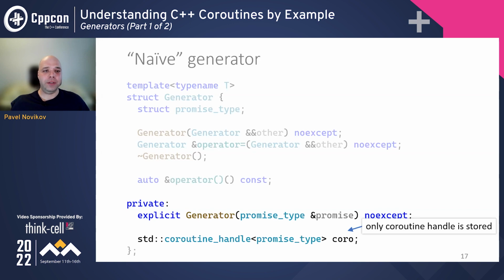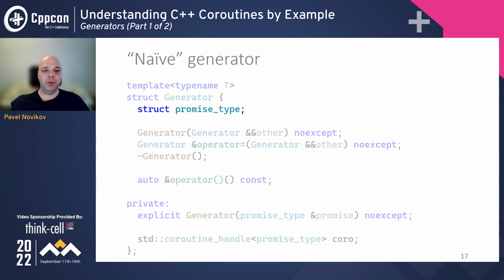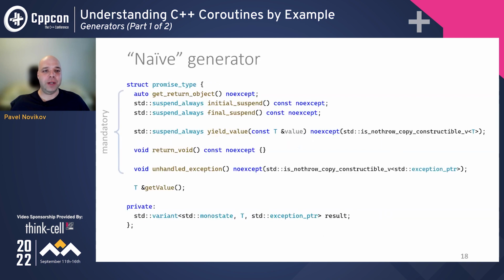And the star of the show is promise_type, because the promise type governs basically everything of how the coroutine, in this case the generator, should behave. Let's start with defining a promise type. Here we have a mandatory set of members that we have to define in order to interact with the coroutine backend.